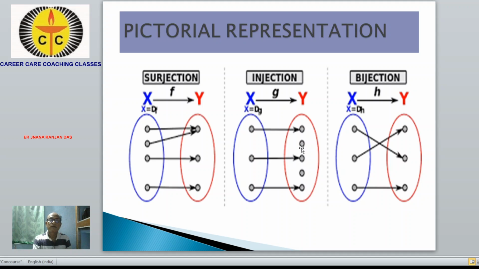This is the case of injection. If both conditions are simultaneously satisfied, then we get the bijective function, or bijection. Here h is a bijective function, g is an injective function, and f is a surjective function.